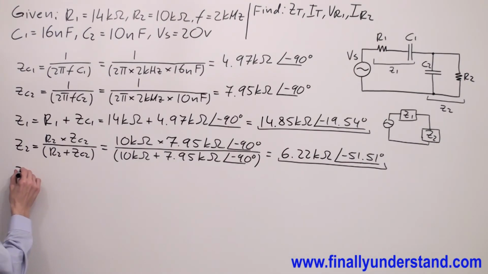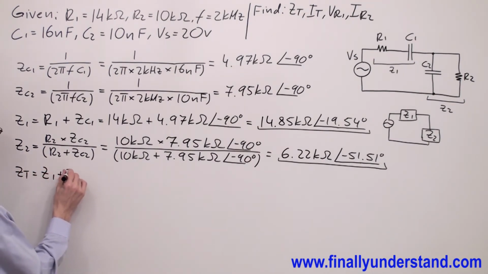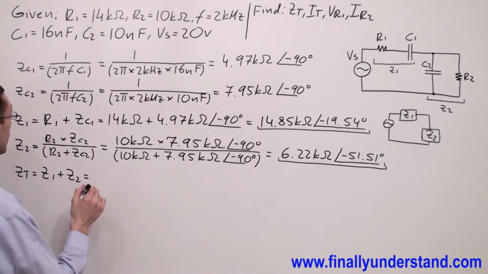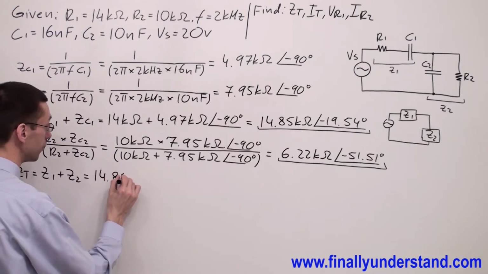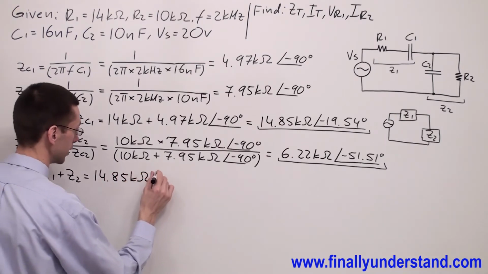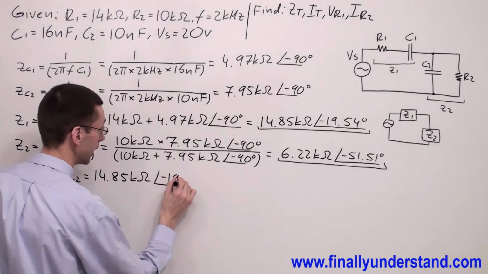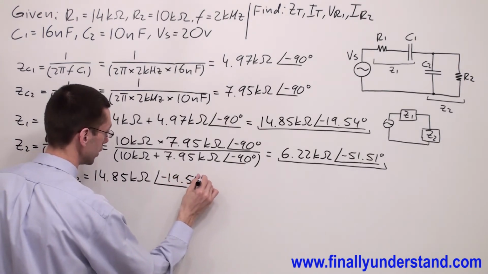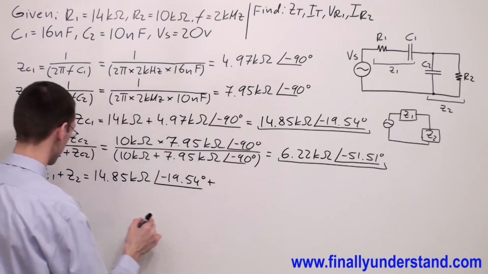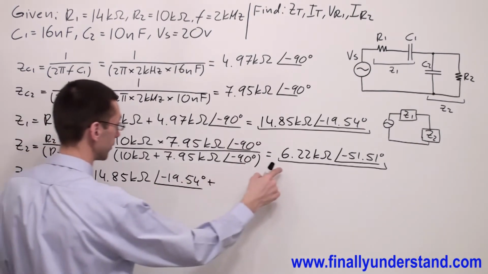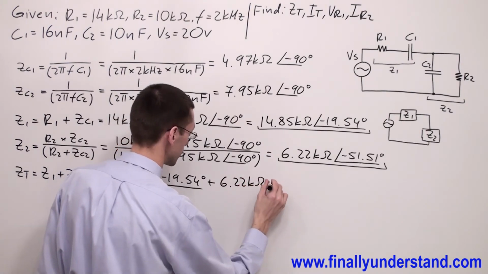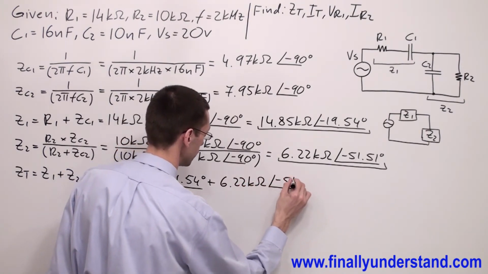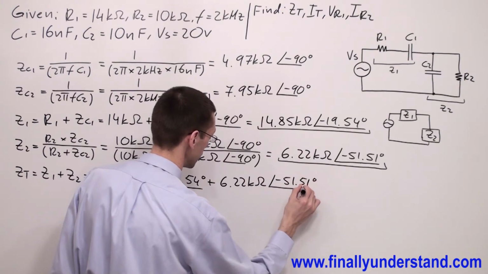We're supposed to write Z total is equal to Z1 plus Z2, where Z1 is equal to 14.85 kilo ohms, an angle of negative 19.54 degrees, plus Z2, which is equal to 6.22 kilo ohms, an angle of negative 51.51 degrees.